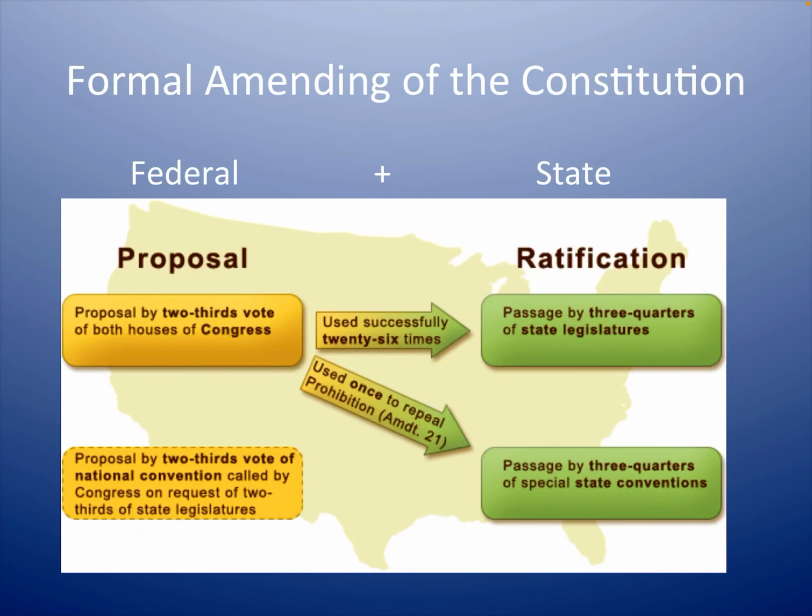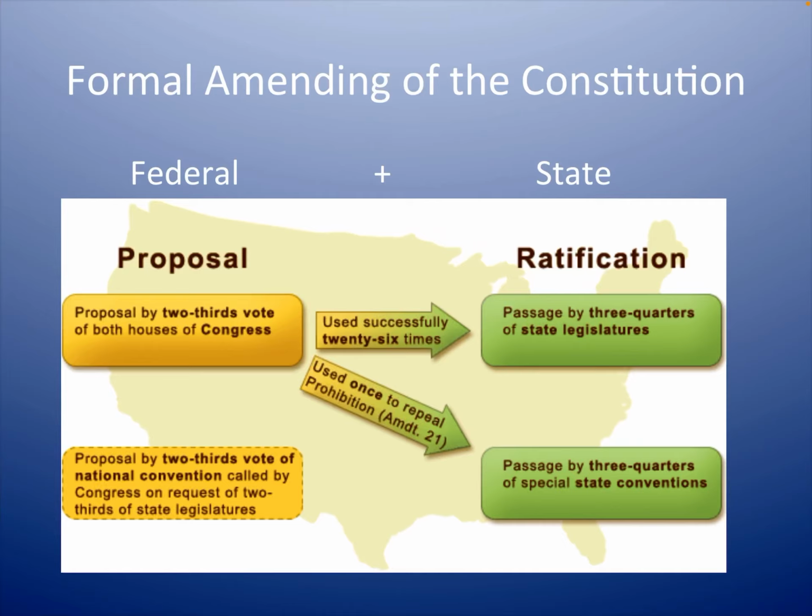So the formal amending of the Constitution, the process itself, essentially you need to have a proposed change to the Constitution approved by 2/3 of both the House and the Senate. And once that happens, it needs to go to the state legislatures.